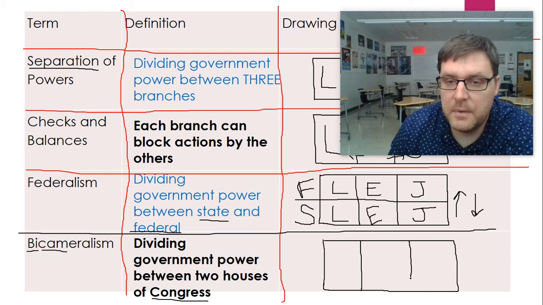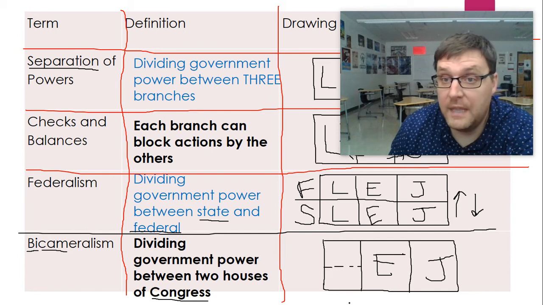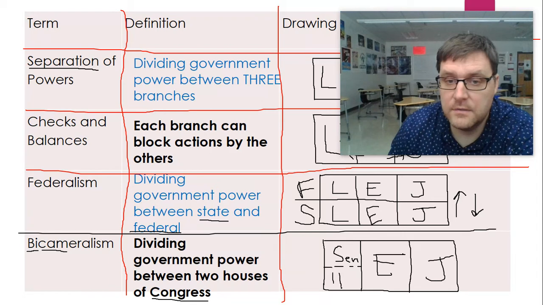Well, that's all government power. Now it's being divided up. Executive and judicial branches. The legislature, I'm going to draw a dotted line, is divided into two. The upper house is called the Senate, and the lower house is called the House of Representatives, but you all already knew that.